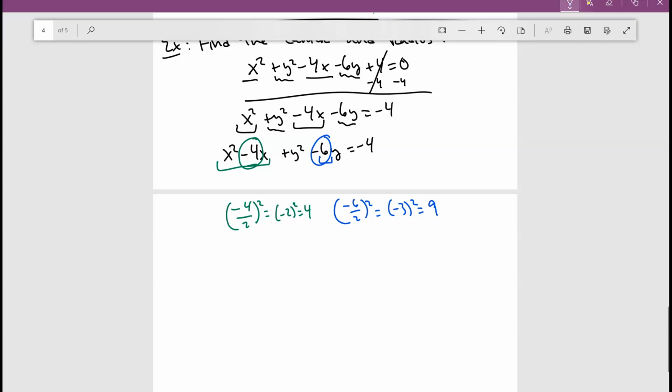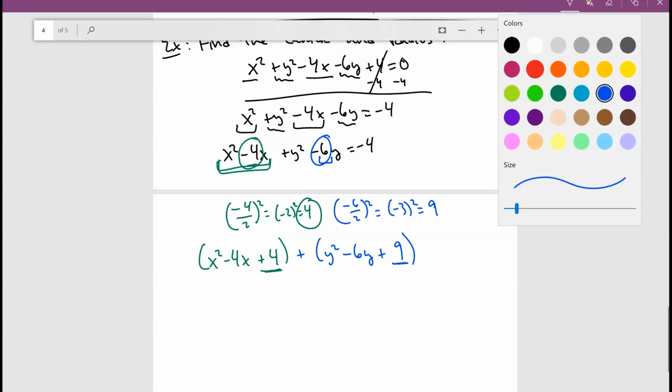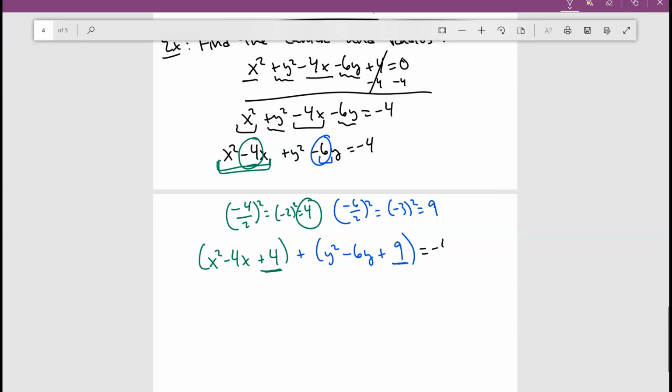Okay, so what am I going to do? For the green one, I'm going to take x^2 - 4x and add this 4, plus 4. Now for the y's, I'm going to have plus y^2 - 6y plus this 9, equals this negative 4.